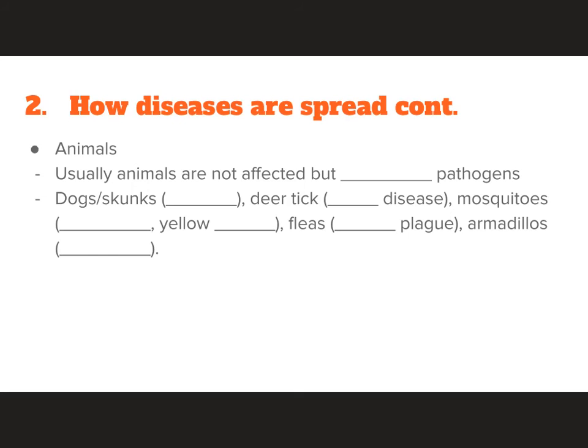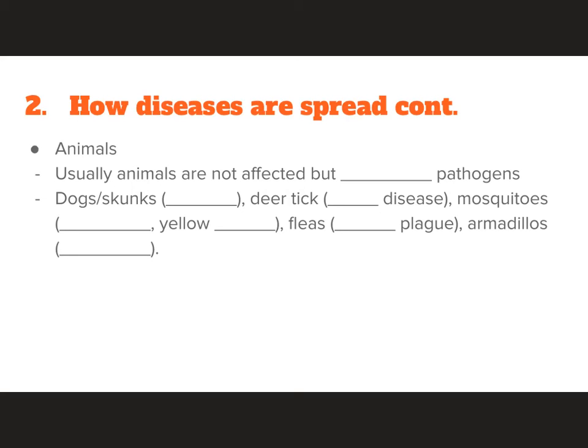The third way diseases spread is through animals. Now we know that the beginning of COVID-19 is actually through bats and people who were consuming bats. We have different types of animals, not just bats, that can carry diseases.